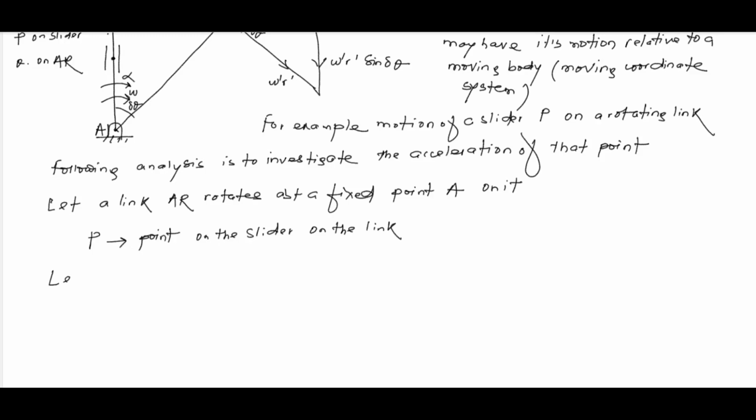Let omega be the angular velocity of the link. Alpha is the angular acceleration of the link.